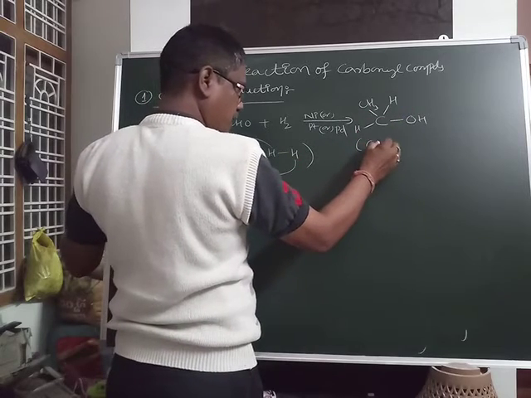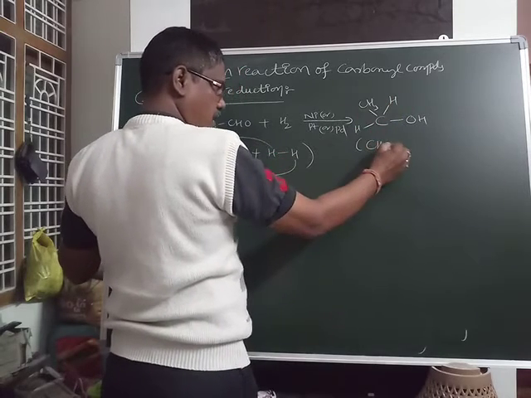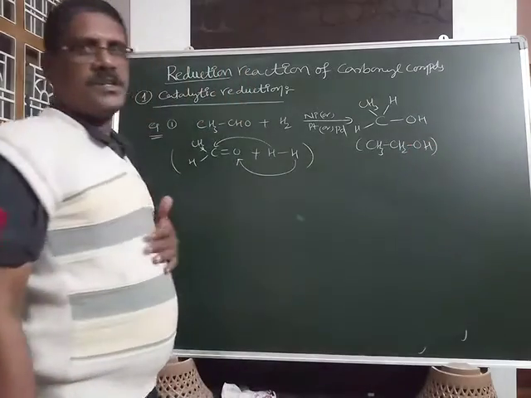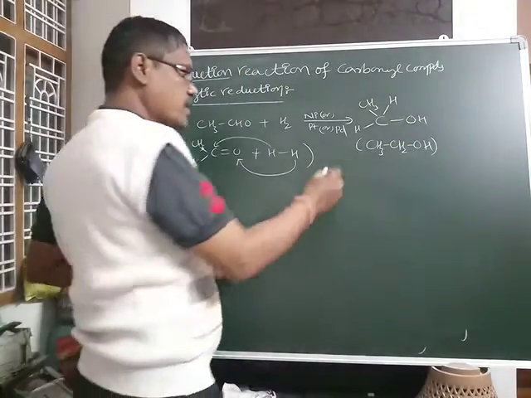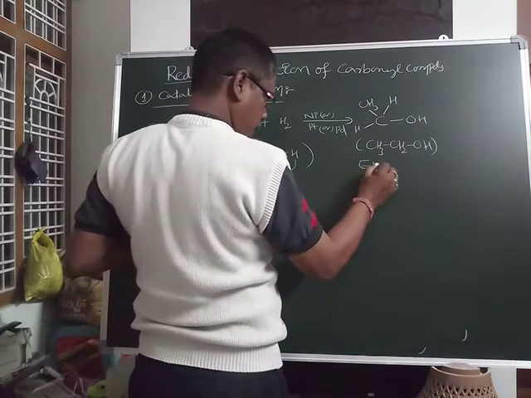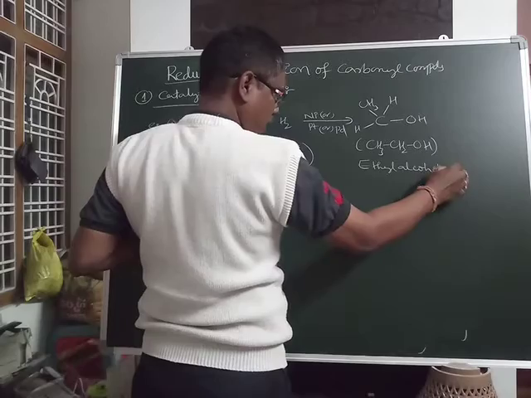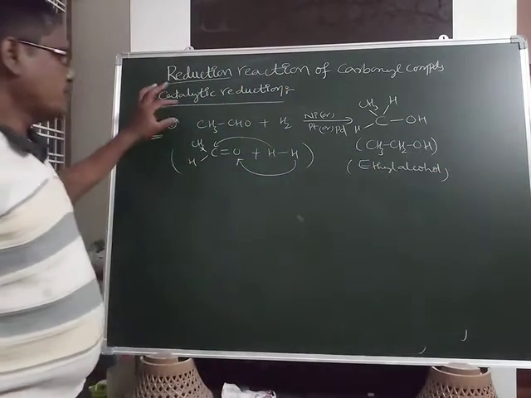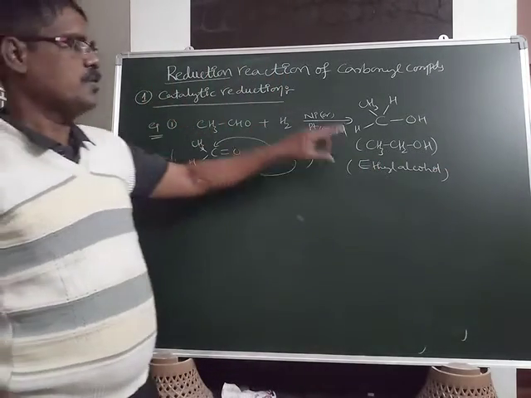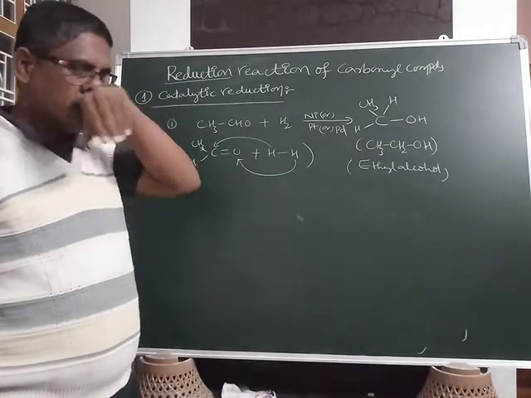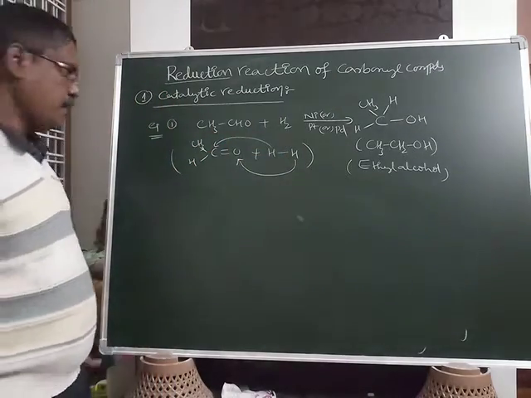This can simply be written as CH3CH2OH. It is called ethyl alcohol. Acetaldehyde reduces into ethyl alcohol with hydrogen in the presence of nickel or platinum or palladium.